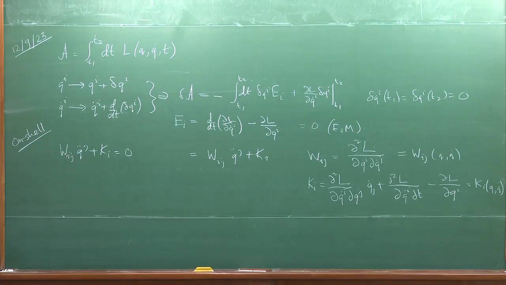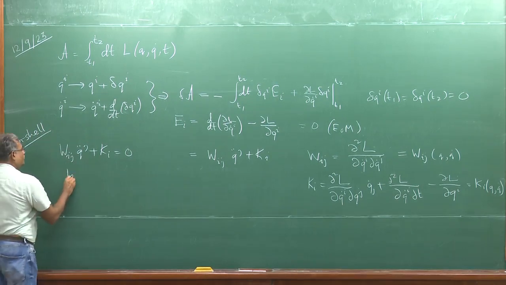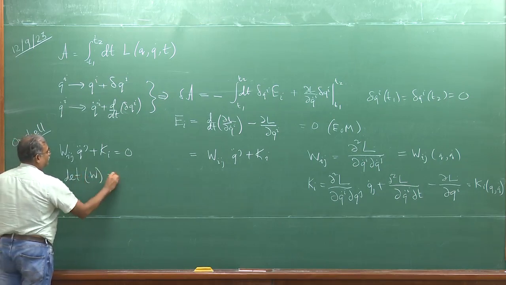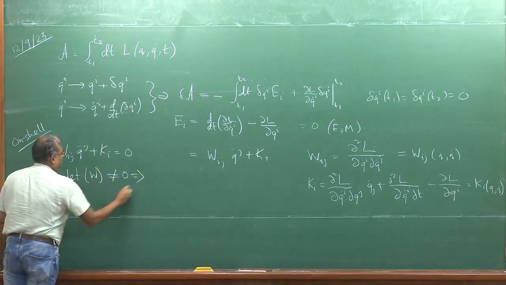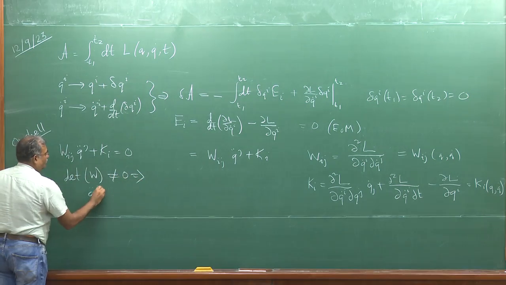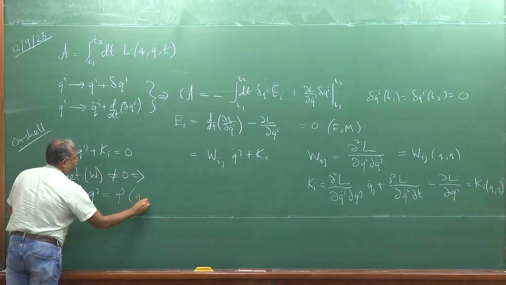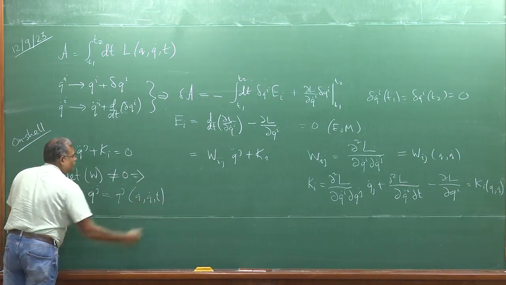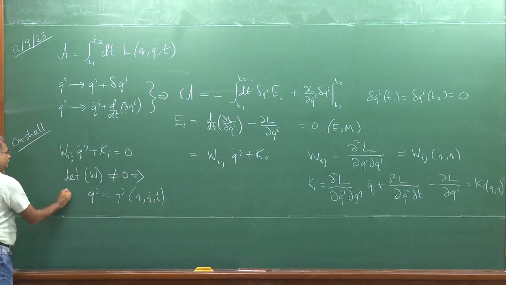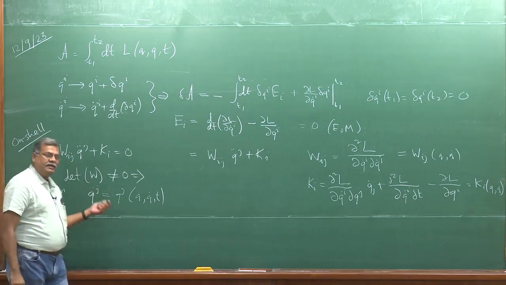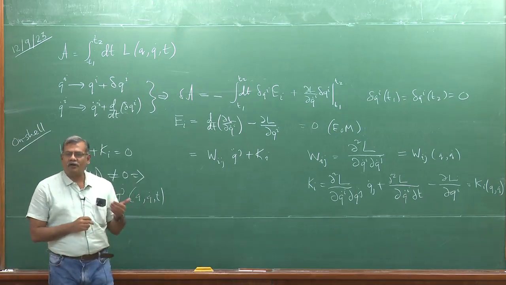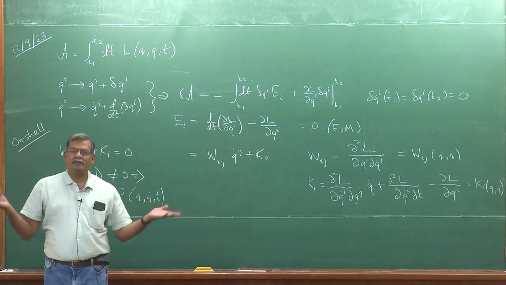Now, as we said, standard theory would usually apply to a situation where the determinant of this W is not 0. This implies you should be able to solve for the q double dot_j's from this as functions of q, q dot and t. So, if you have n degrees of freedom, you will get n second order differential equations, which you would typically solve.